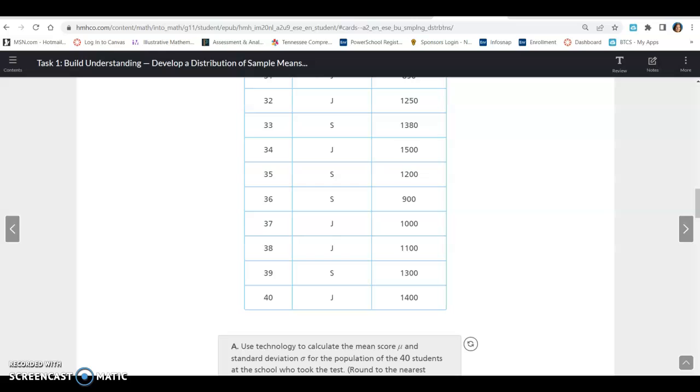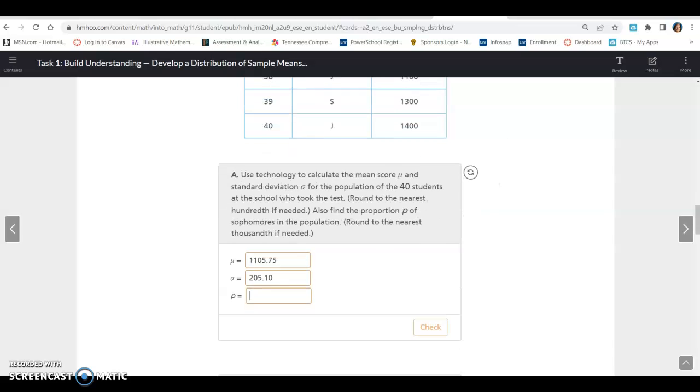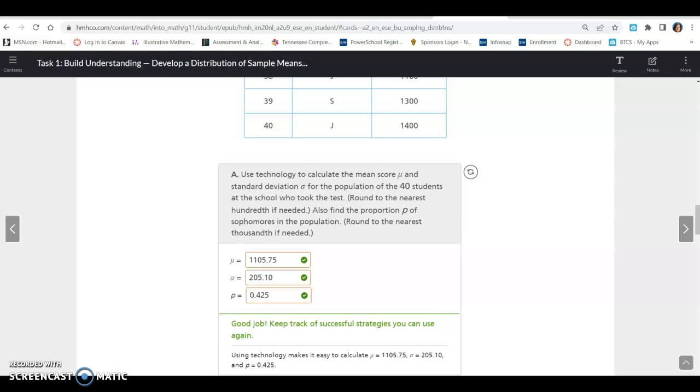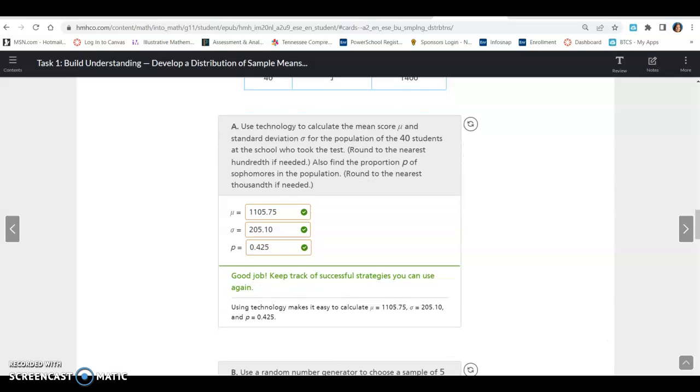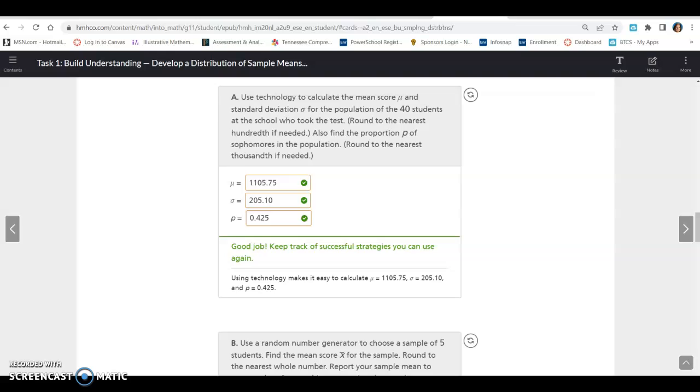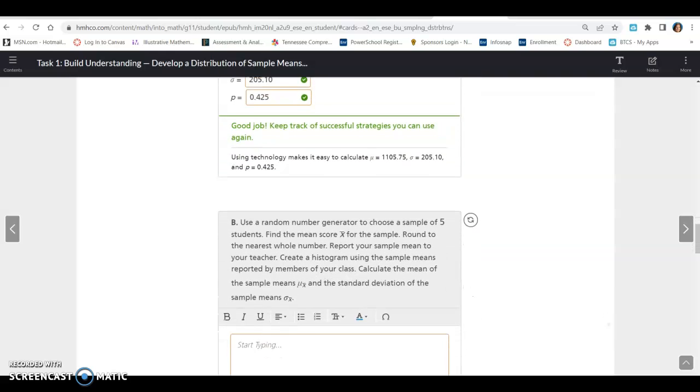So there are 17 out of 40. So do 17 divided by 40, and you get 0.425. All right, so that's how you would use your calculator in order to find your mean and standard deviation.